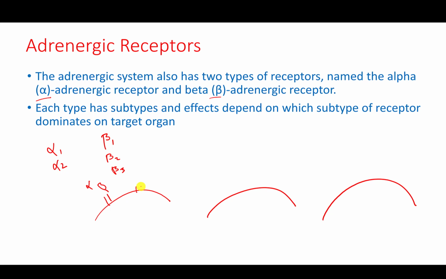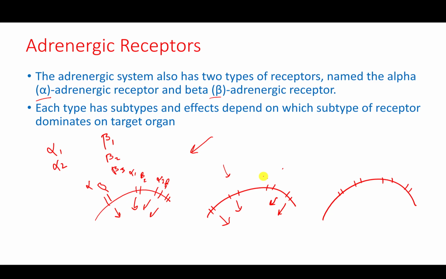So each organ or the surface of the cells could display, for example, alpha 1, beta 2, alpha 2, beta 1, and so on, for all of these different organs. And each combination of these receptors would lead to a different signaling inside the cell. So when the neurotransmitter, which is in this case epinephrine or norepinephrine, comes, it depends on how many of these receptors are available. That will determine the effect on the target organ.